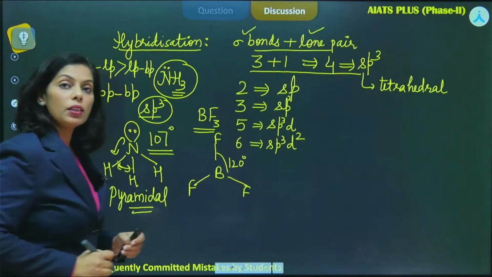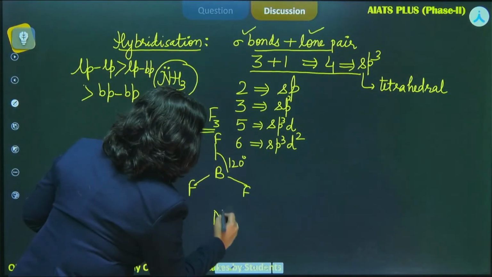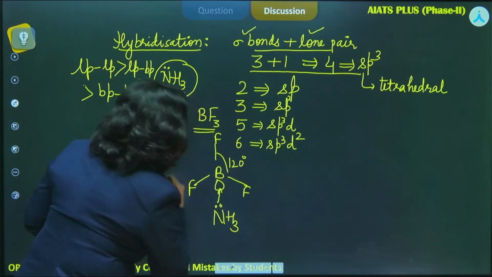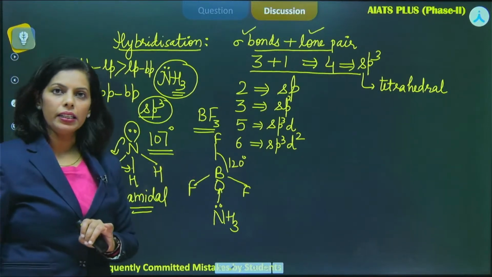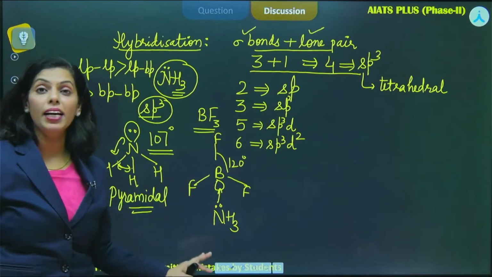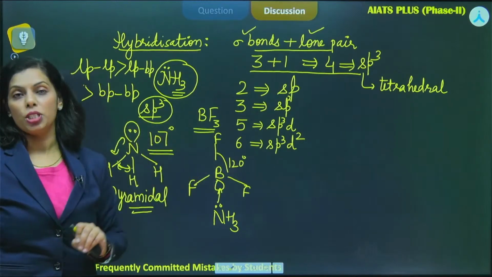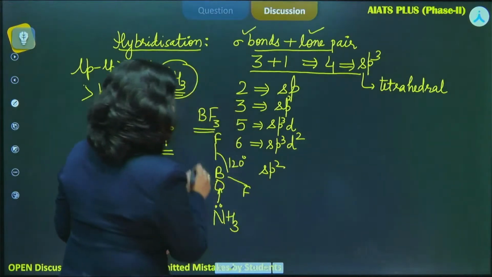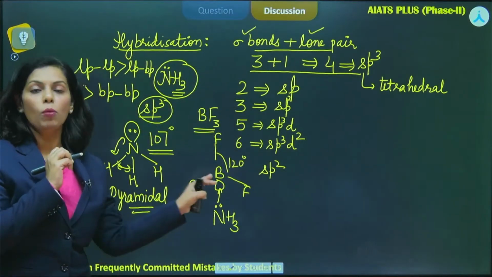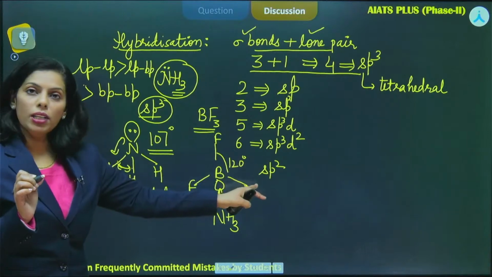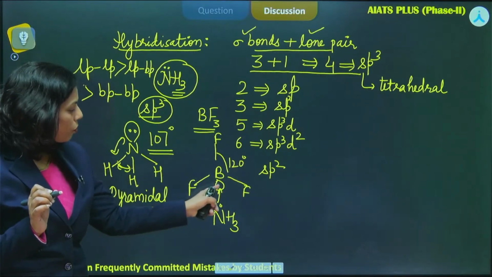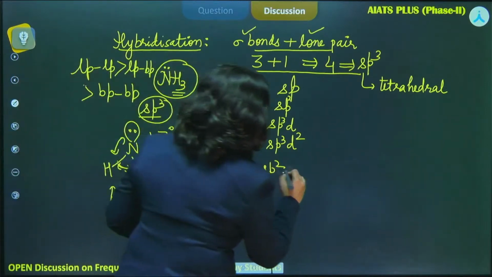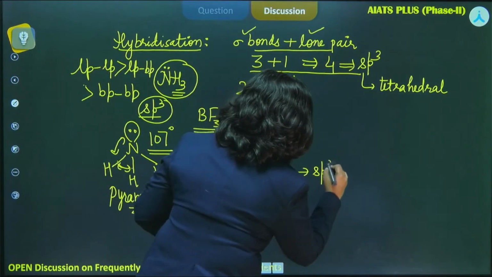But what happens when ammonia comes in contact with it? It provides its lone pair into the vacant p orbital of boron, right? So now the hybridization of boron would be changed. How? Here it was sp2, because 3 sigma bonds are there, not the lone pair. sp2 is the hybridization, but as the lone pair from the nitrogen comes, the lone pair would also be counted, and the hybridization gets changed into sp3.